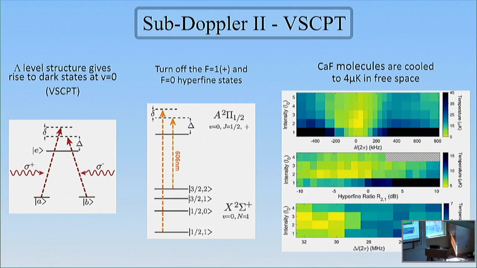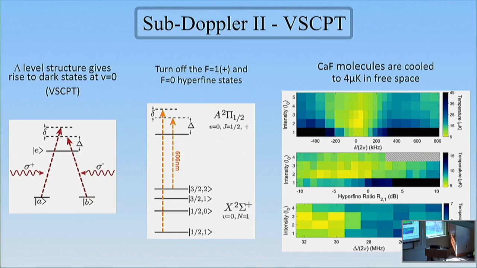These dark states are velocity sensitive, so that if the molecule is moving at very low velocities, the 2 polarizations of light create a dark state which will not interact with the light field. But if the molecule starts to move, it goes out of resonance with one of them, and you start optically pumping again. So you do this kind of random walk in momentum space. And when you find a low velocity, you stay there. That's the idea.